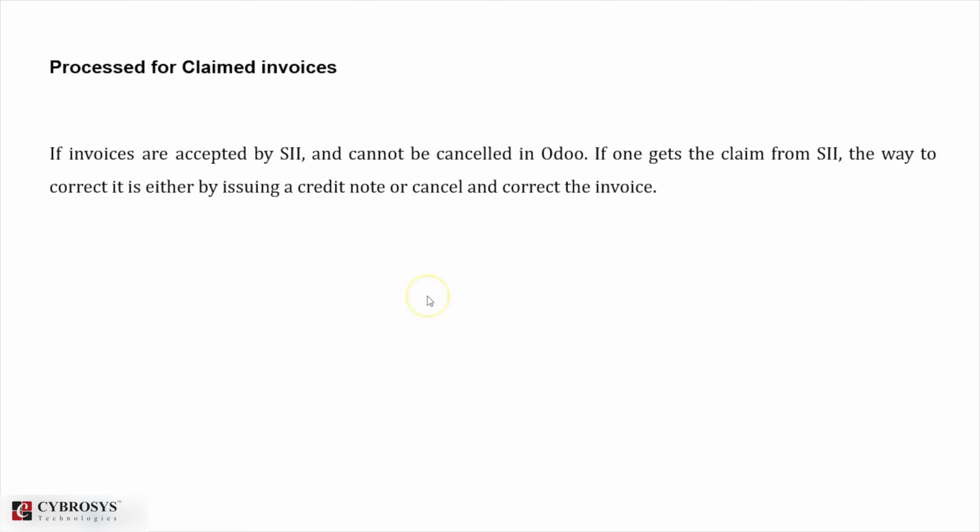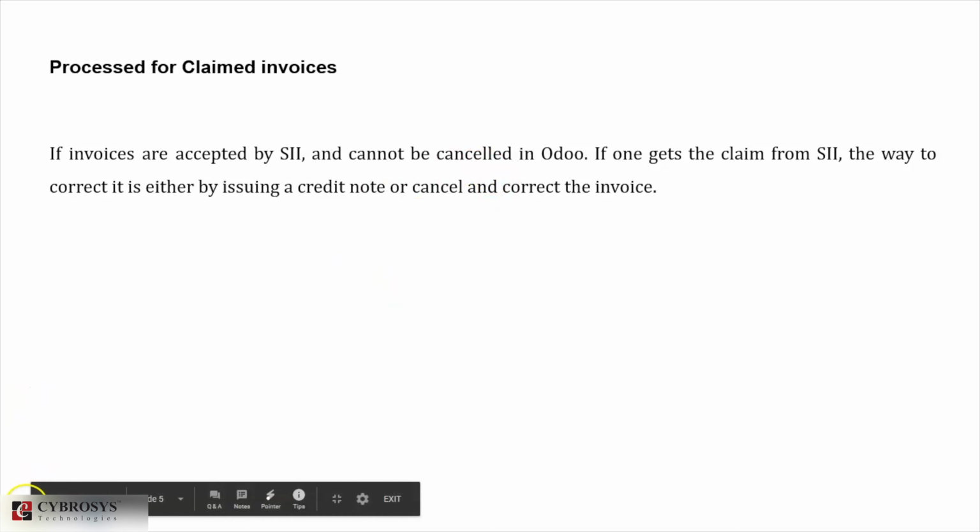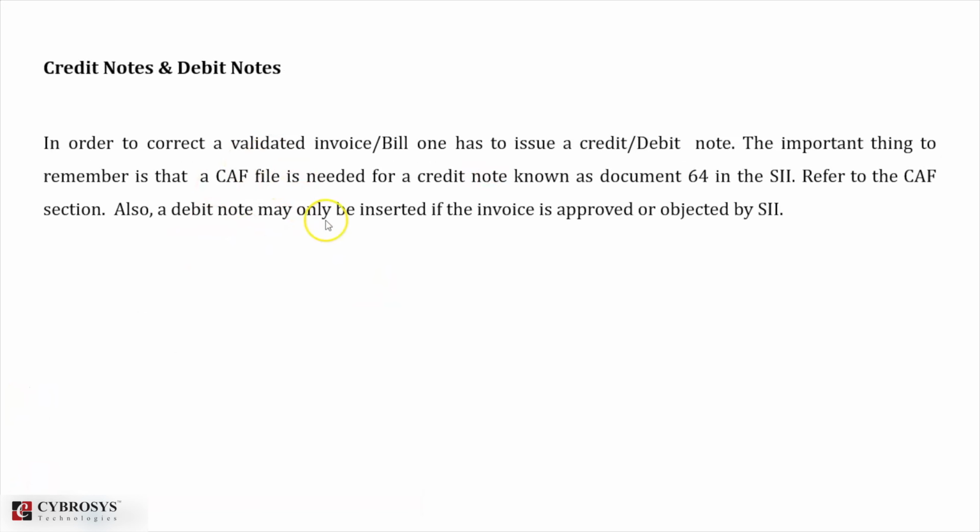And if the invoices are accepted by SII, they cannot be cancelled in Odoo. If one gets a claim from SII, the way to correct it is either by issuing a credit note, or cancelling it, or correcting the invoice. In order to correct a validated invoice or bill, one has to issue a debit note or credit note.